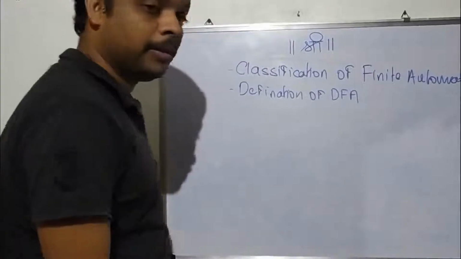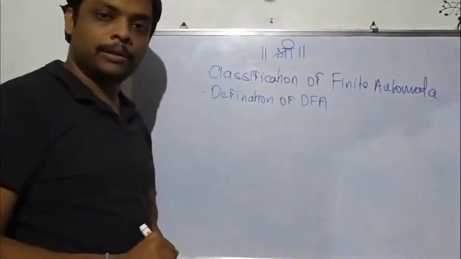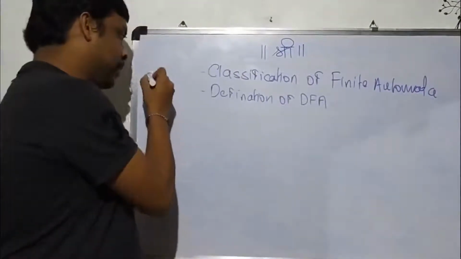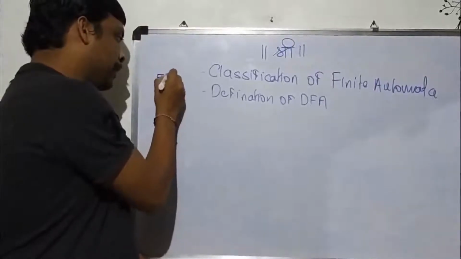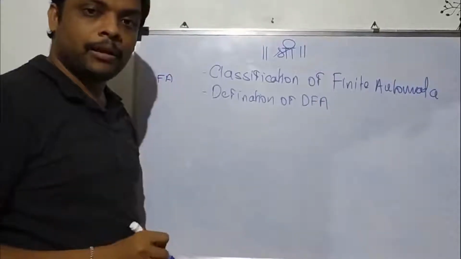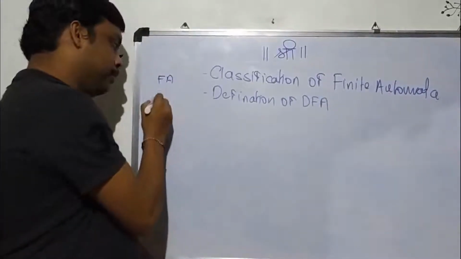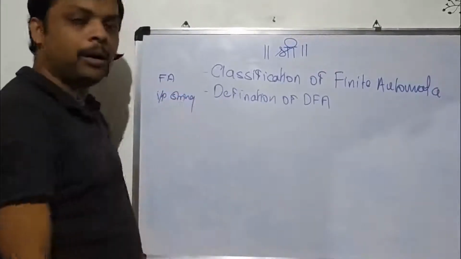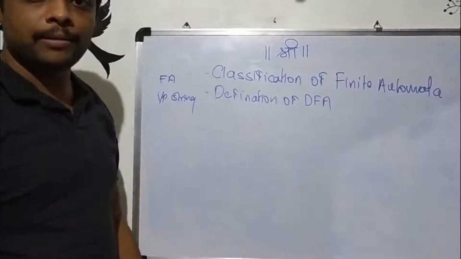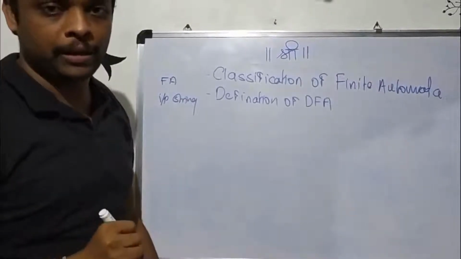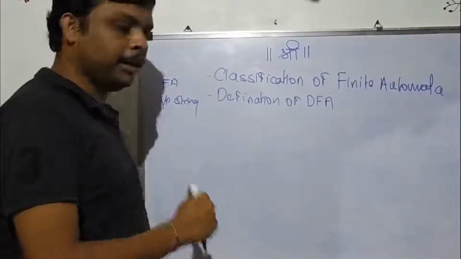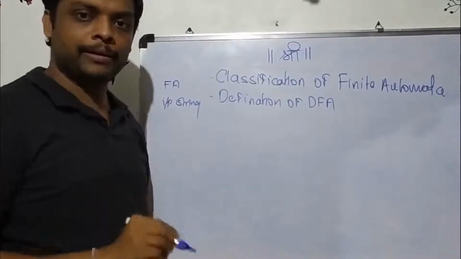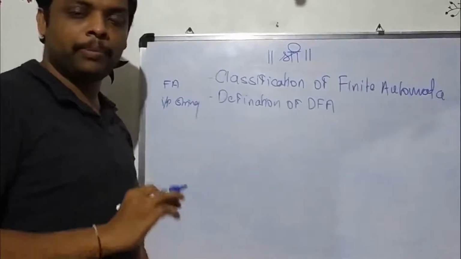In our earlier session we have discussed introduction of finite automata, and along with that we have discussed when to say an input string is accepted by finite automata or rejected by finite automata. With the help of an example, in detail, we have already discussed this point in our previous session.